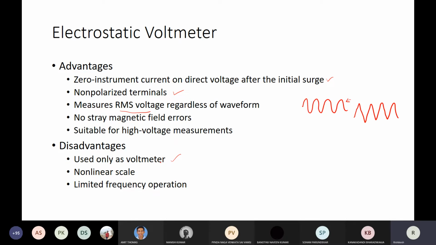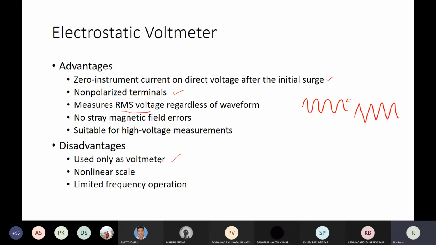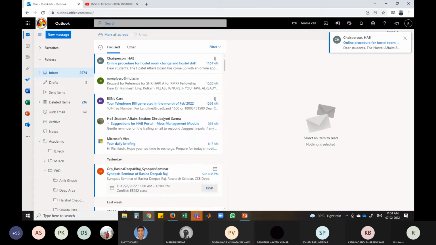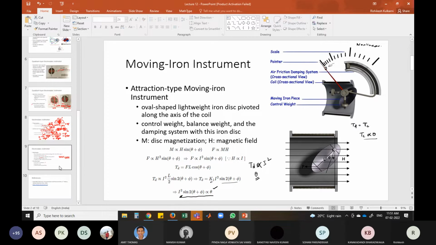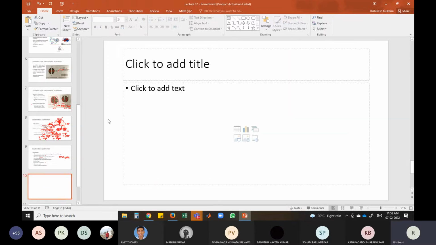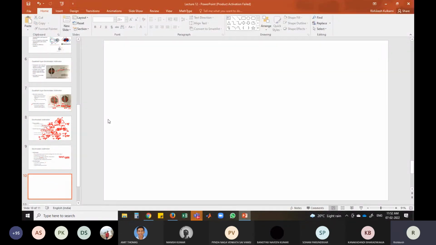Okay, fine. Apart from this, I wanted to discuss one more point. Let me include that part which we skipped during the discussion of PMMC instrument. Let me quickly go through that in the next 5-7 minutes.